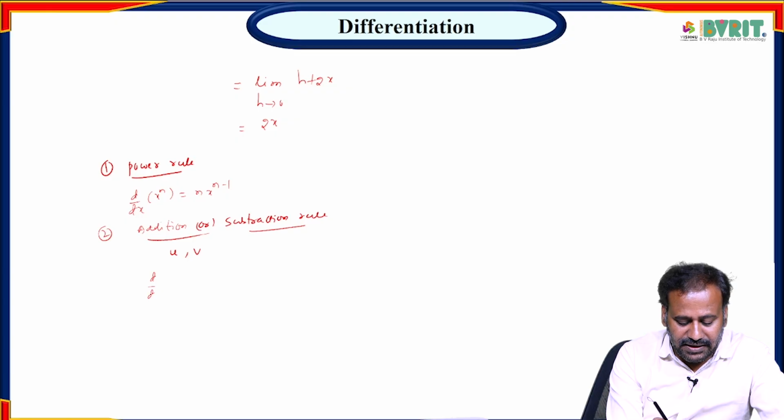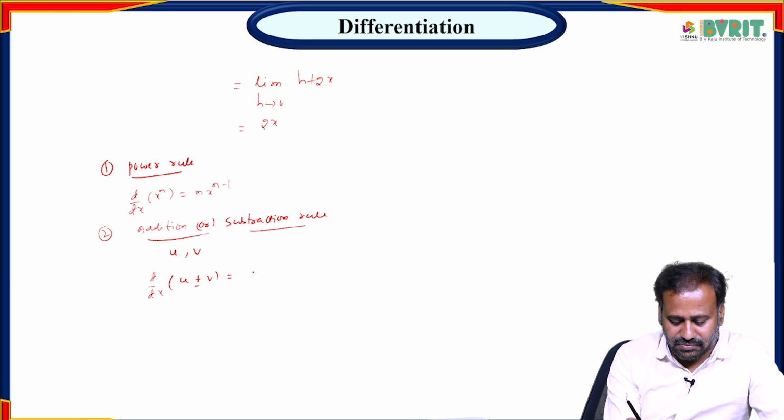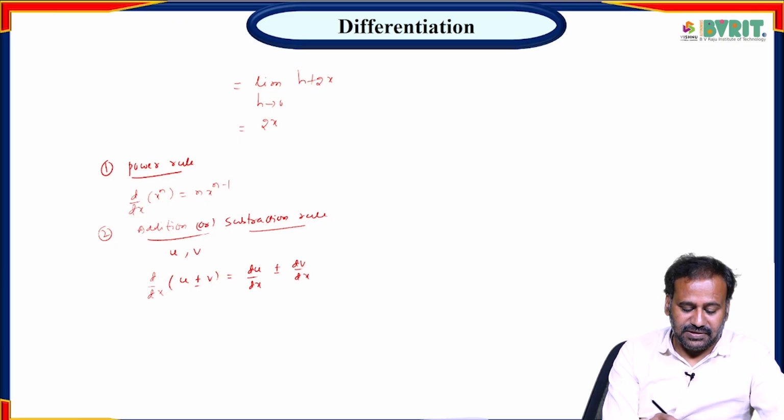Then d by dx of u plus or minus v is equal to du by dx plus or minus dv by dx.